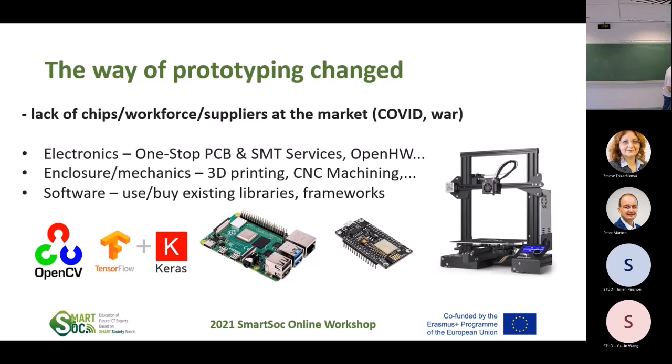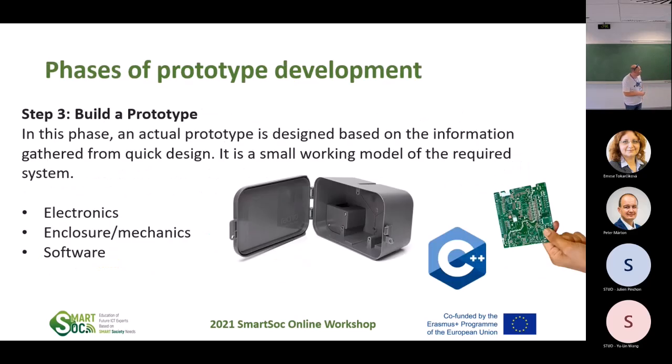Okay, this is not what I want to talk about. Sorry, stop me. So now, electronics: I told you there are some services which are very cheap. Then enclosure mechanics: I told you I found an enclosure and put electronics inside. Now you make your enclosure on a 3D printer. I think you have a workshop on 3D printing here, so you can print out your enclosure. Then software: how to handle the lack of labor force is to buy existing libraries or use them. Don't program everything from the low level.